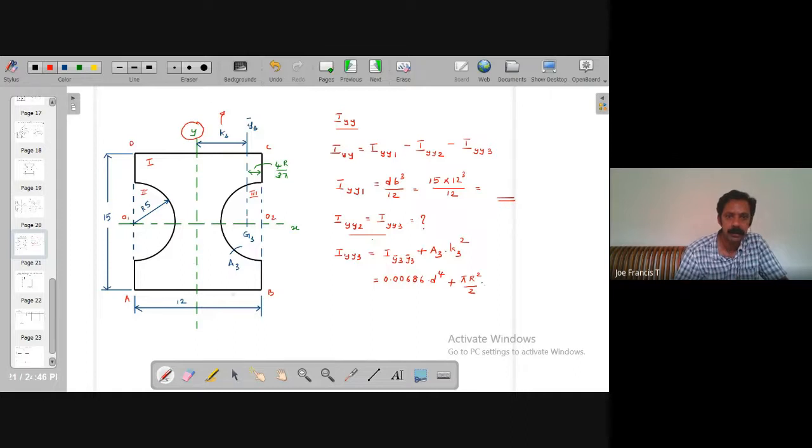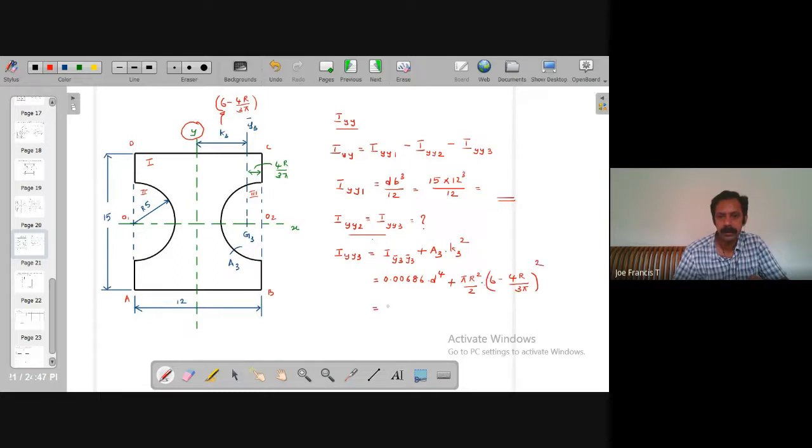The distance is 6 minus 4r by 3 pi. So this will be equal to 6 minus 4r by 3 pi, the whole square.